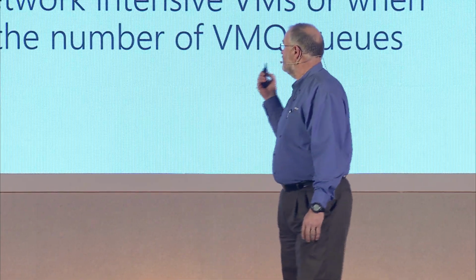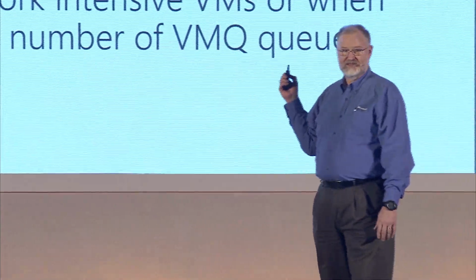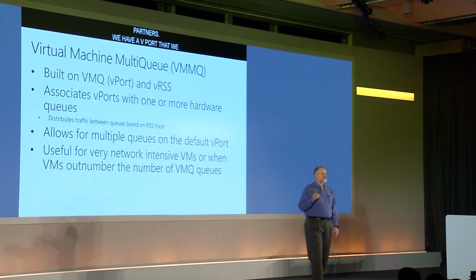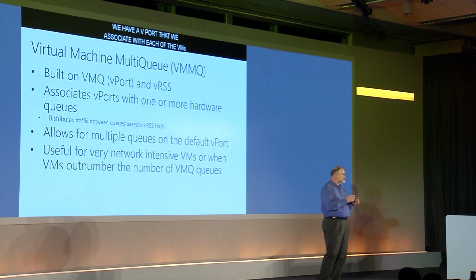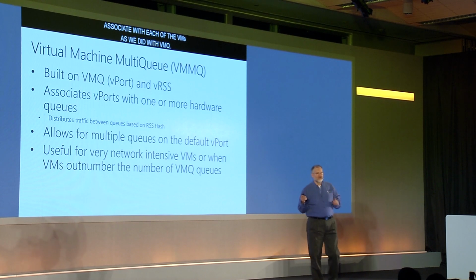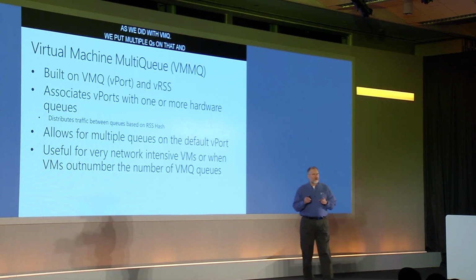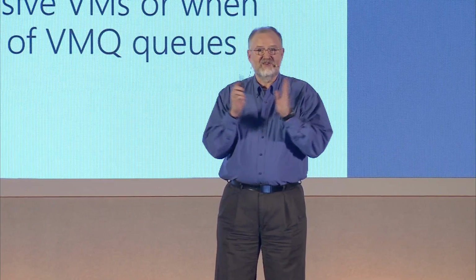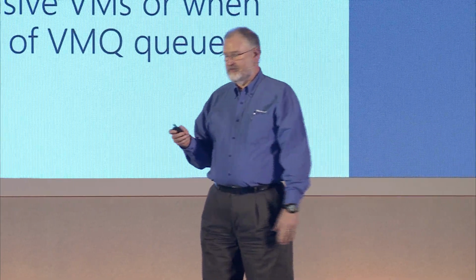So we have a vPort that we associate with each of the VMs, just as we did with VMQ. We put multiple queues on that, and we use the RSS spreading technology to spread the traffic for that VM between the different queues. So now as I get interrupted for a queue off of the hardware, I know it's actually one set of flows for one VM. And I can actually do parallel processing there.